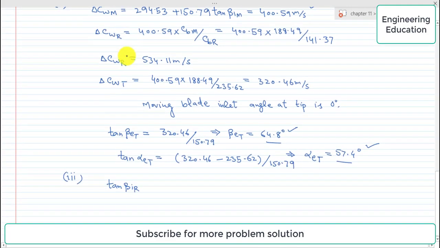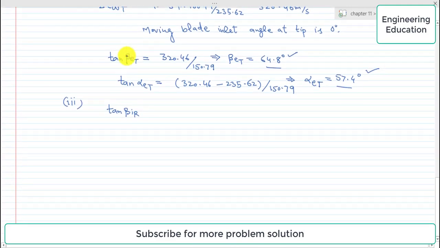From this velocity triangle we can write that tangent beta IR is equal to, putting the values directly, (392.7 minus 141.37) divided by 150.79.